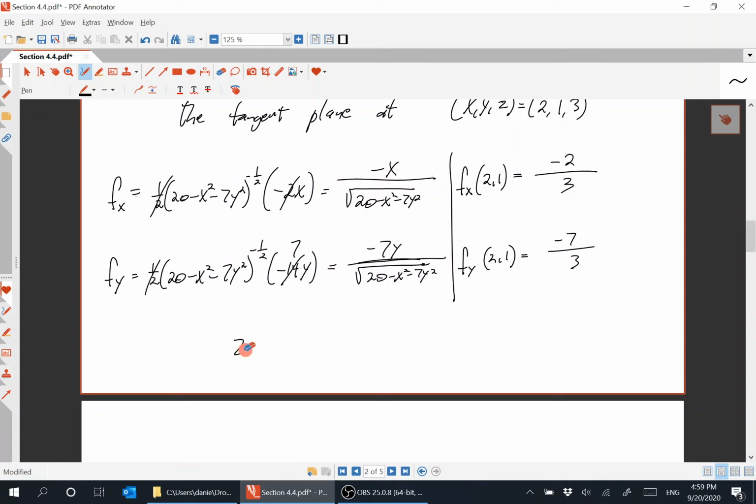So here it is, let's write it down: z minus f(2, 1) equals partial x at (2, 1) times x minus 2 plus partial y at (2, 1) times y minus 1. So there's the equation of the tangent plane.